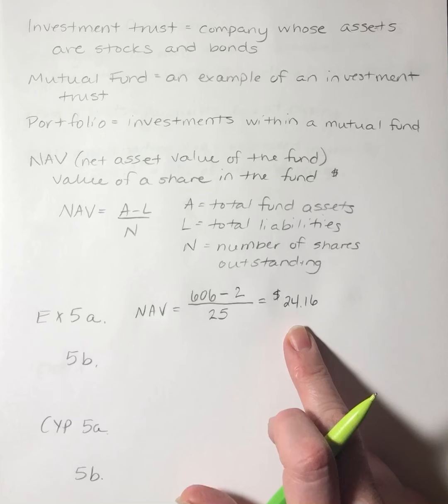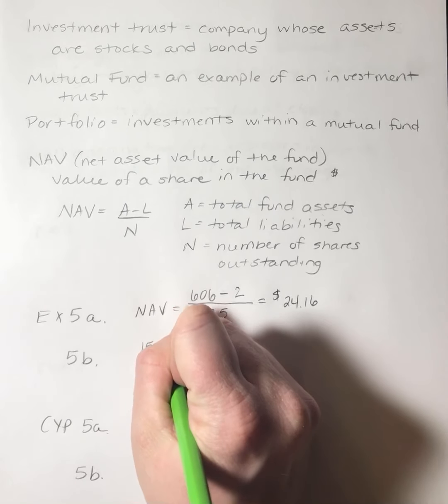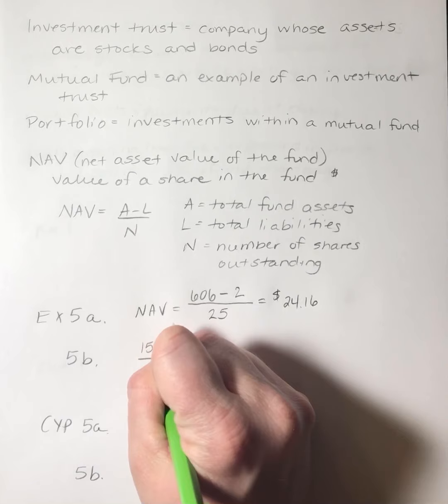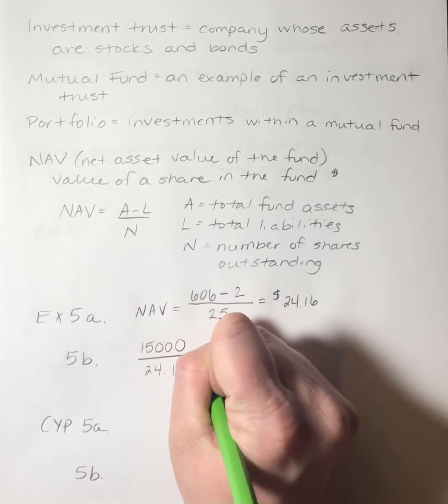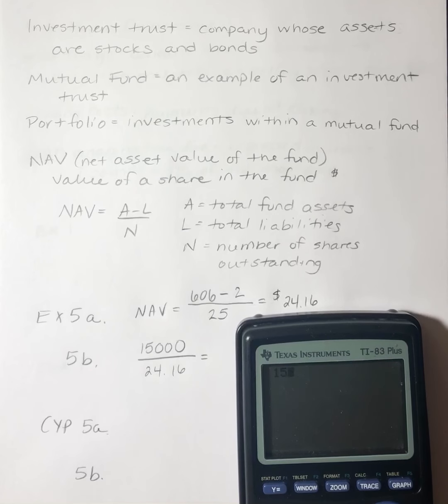You invest $15,000, so to find out how many shares you are buying, you take 15,000 divided by the cost of one share, and so I end up with, now look at that. This is a situation where you can't round, okay?